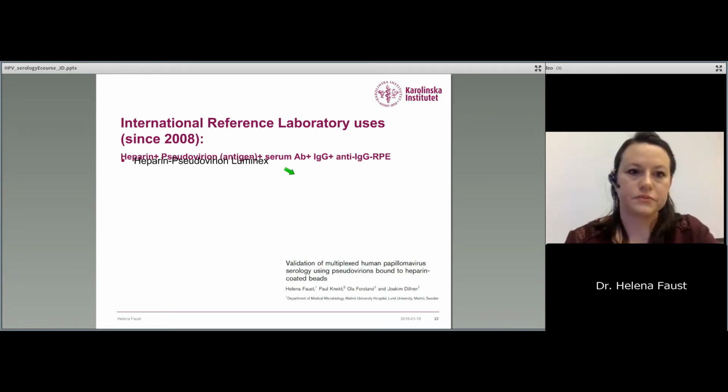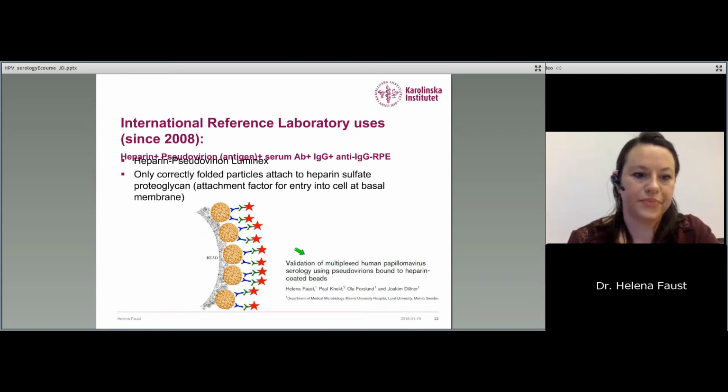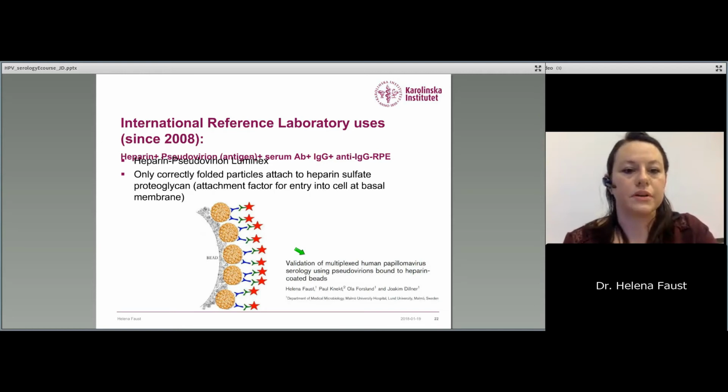We are using in our laboratory the heparin pseudovirion Luminex assay. It's published since 2010. Our setup is that earlier studies have shown that only correctly folded particles of the virus attach to heparan sulfate proteoglycan.